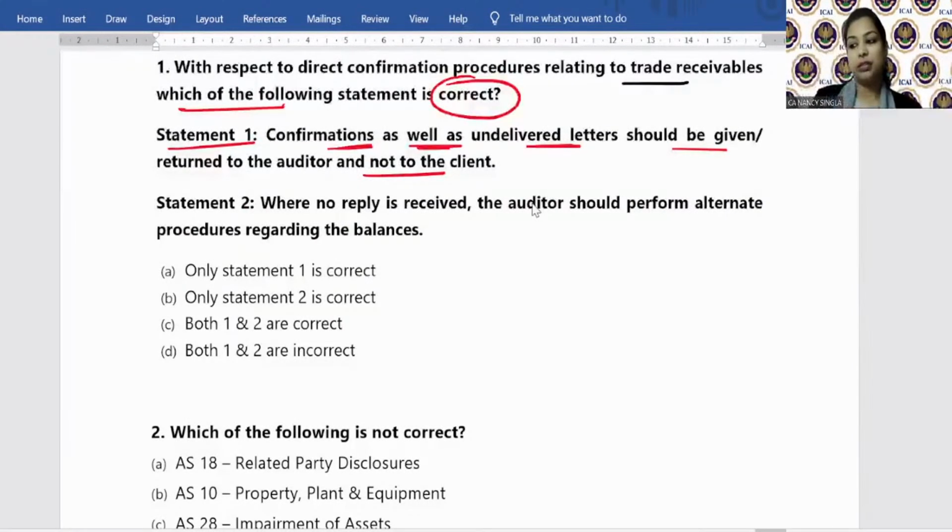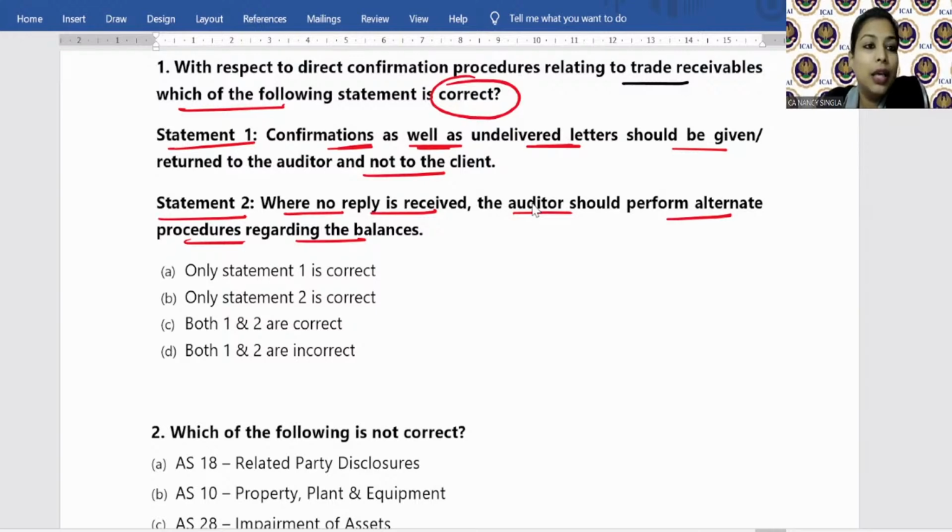Students, please check your answers. Statement 2. Where no reply is received, the auditor should perform alternate procedures regarding the balances. So option A says only statement 1 is correct, B says only statement 2 is correct, C says both 1 and 2 are correct, and D says both 1 and 2 are incorrect.